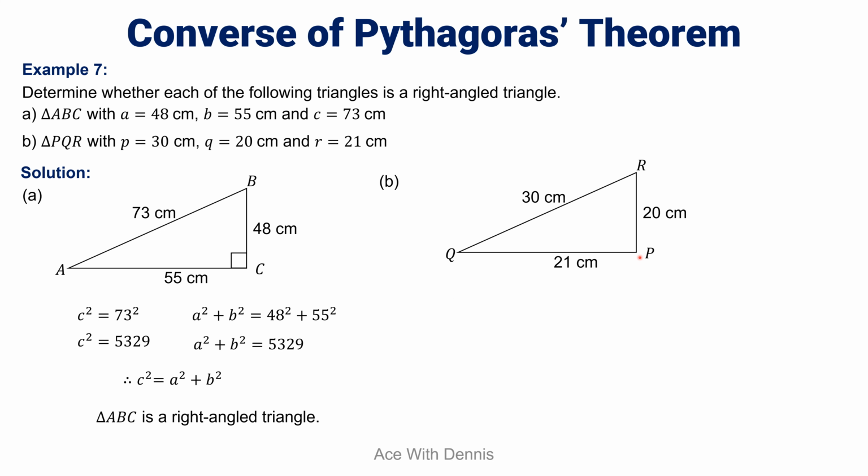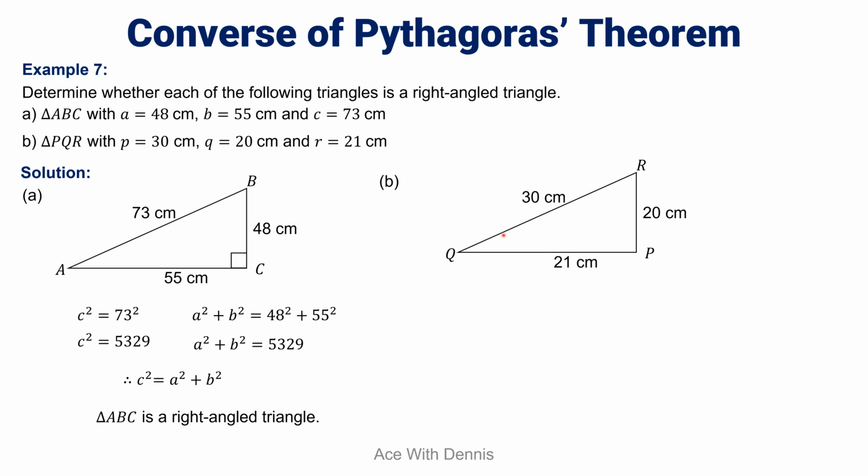This will be vertex capital P. Now this is capital letter R. The opposite side, QP, will be the small letter r, which is 21 centimeters. Same case for vertex capital Q here. The opposite side, which is RP, will be the small letter q, which is 20 centimeters. So this length will be 20 centimeters.